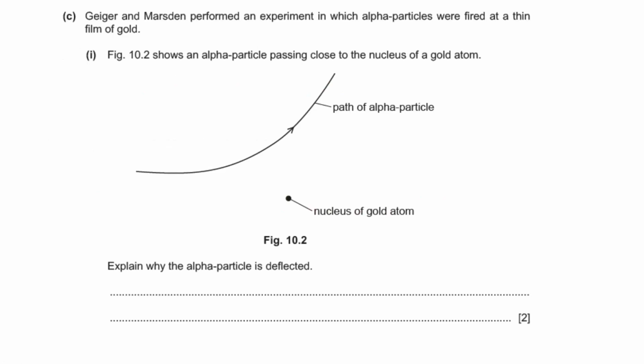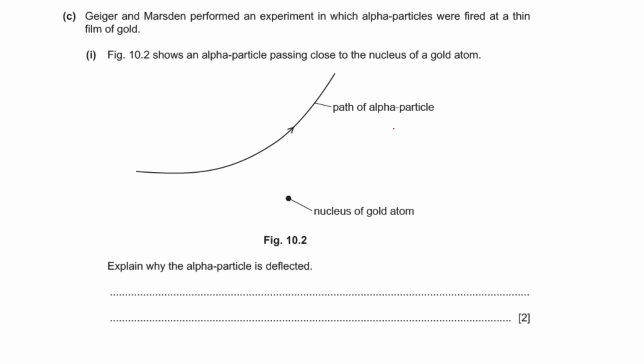Then part C. It says Geiger and Marsden performed an experiment in which alpha particles were fired at a thin film of gold. Figure 10.2 shows an alpha particle passing close to a nucleus of an atom. Explain why the alpha particle is deflected.